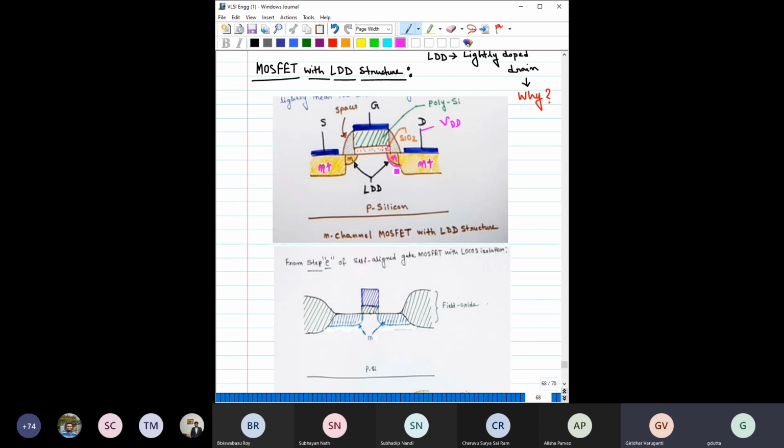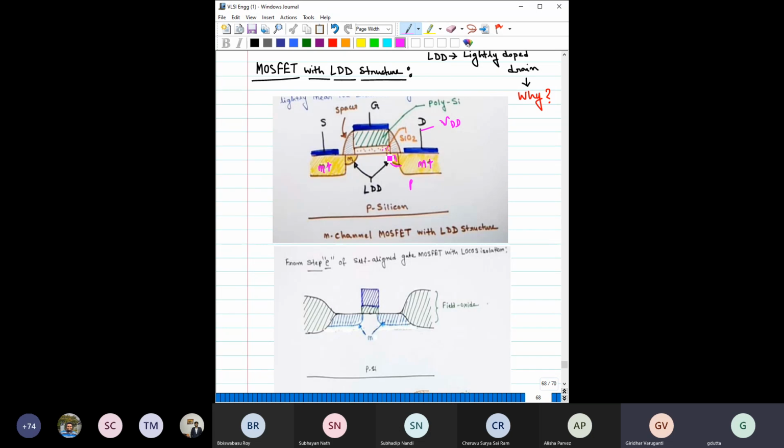The reason behind it is that this is a PN junction, right? So this is N plus and P. If you recall your semiconductor physics, when you have a higher doping, you have a higher electric field. If you have a lower doping, the electric field reduces. So when you lower the doping, the electric field in this region is substantially reduced.